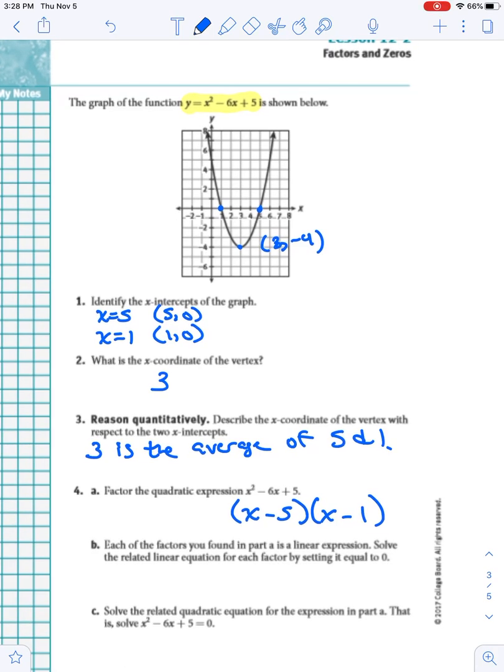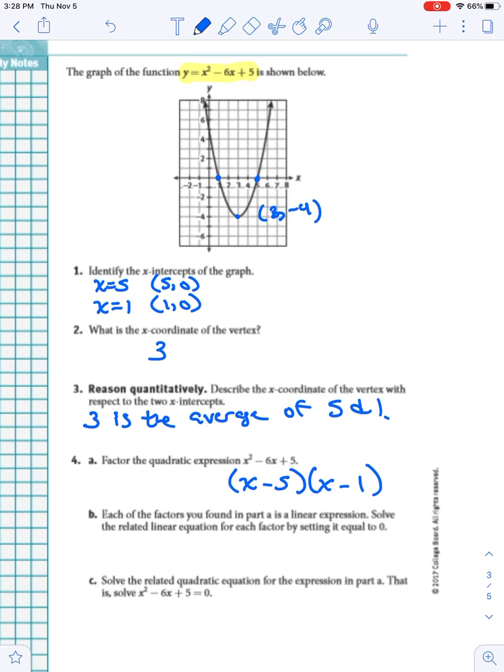Okay, so now each of these factors that we found in part A is a linear expression. It says solve each of those two by setting them equal to 0. So if I set x minus 5 equal to 0 and x minus 1 equal to 0 and I solve, guess what I get? x equals 5 and x equals 1.